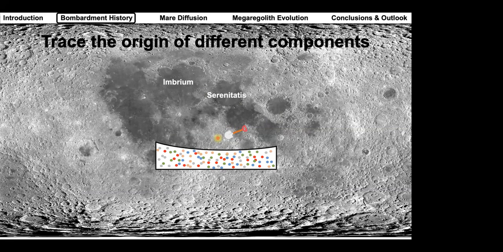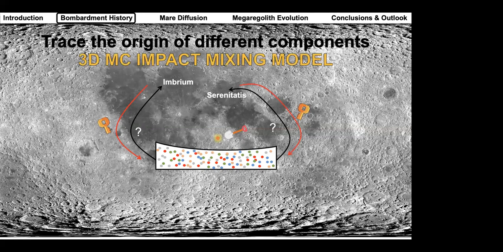This is not an easy question to answer, but if we think about it the other way around, and record the consequence of each impact event since the Moon's formation, then this question becomes easier to address. This is what we are talking about today, the Monte Carlo impact mixing model.